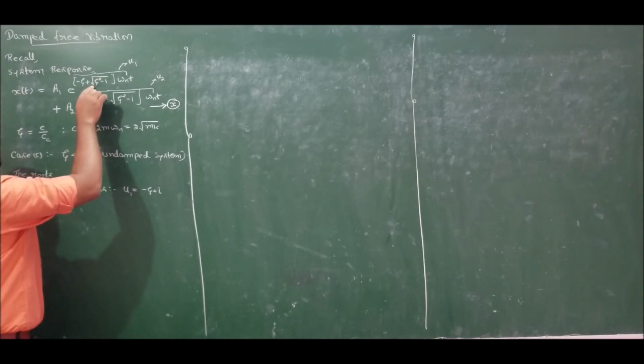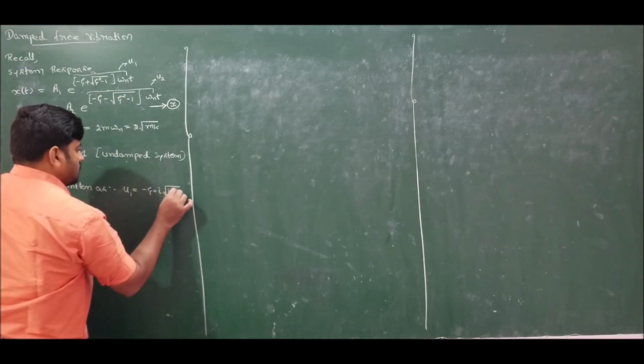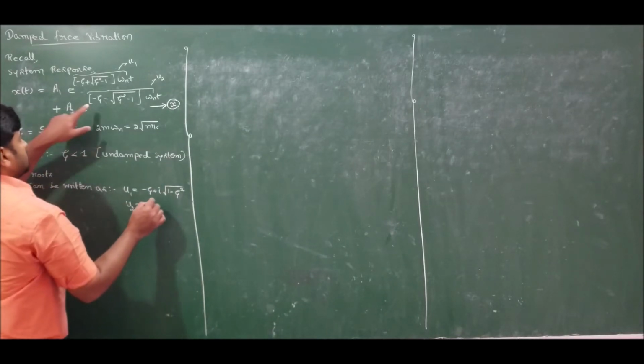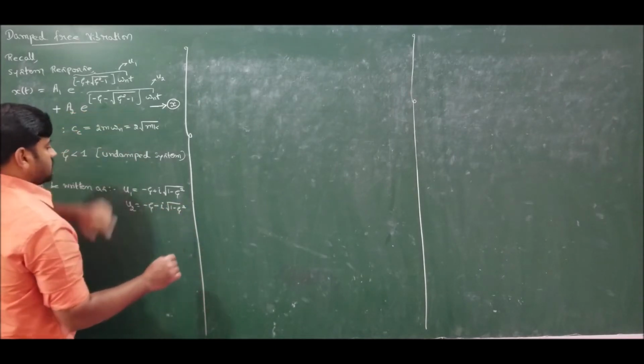Root of minus 1 is imaginary, and I can interchange these two. So it is imaginary times root of 1 minus zeta square. Similarly, root u2 will become minus zeta minus imaginary times root of 1 minus zeta square.